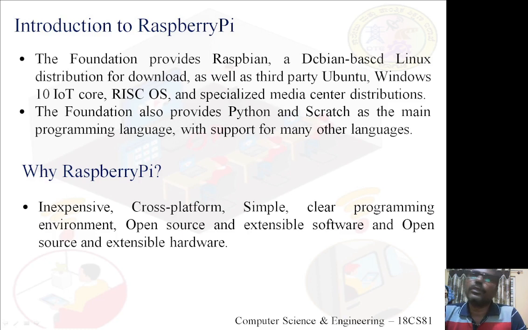Raspberry Pi is very simple to use. It supports many programming environments. It supports open source software and hardware. Got it? So we use Raspberry Pi because of advantages like it's inexpensive, cross platform, simple, supports programming environments, and supports open source software and hardware.